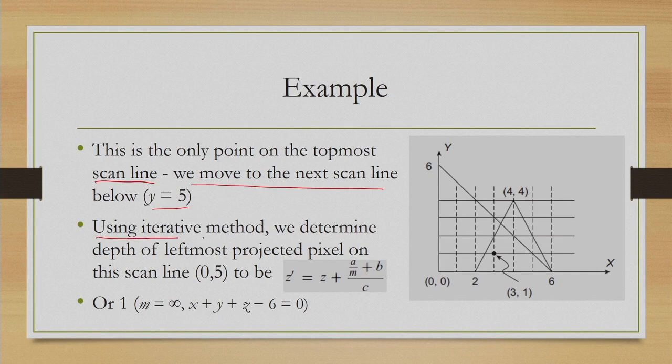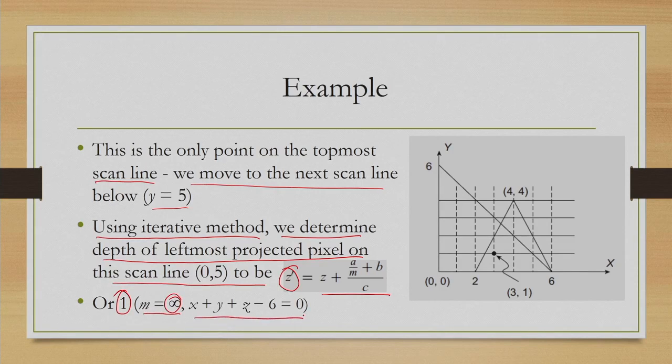In this way, using the iterative method, we determine the depth of the leftmost projected pixel on this scan line, using this expression, to be 1, because here m is very high, infinity, and the surface equation is this.